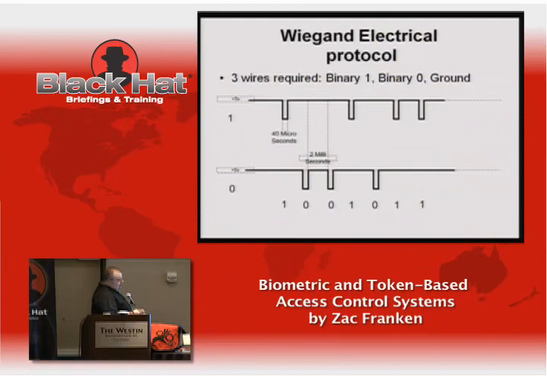And the 1 wire carries 1 bits, and the 0 wire carries 0 bits. So basically, they're normally held up at 5 volts, and there's a small dip to signify a bit. And if it's on this wire here, all the bits are 1s, and if it's on this wire here, all the bits are 0s. So 1, 0, 0, 1, 0, 1, 1.